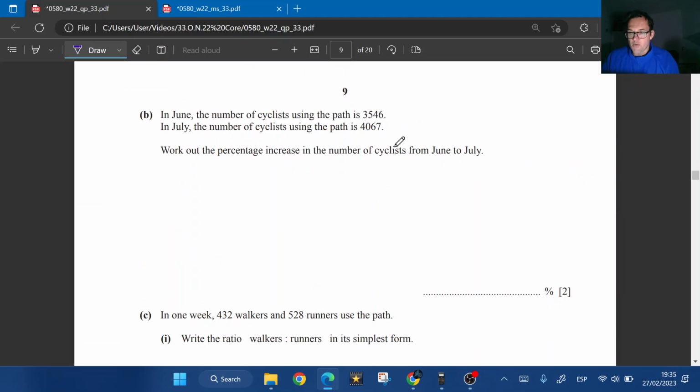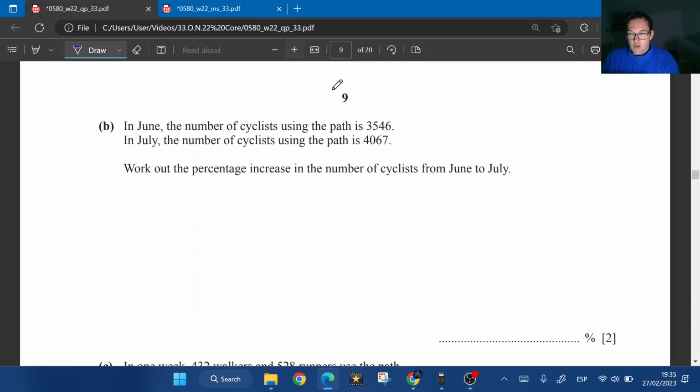In June, the number of cyclists using the path was 3,546. In July, the number of cyclists using the path was 4,067. The weather must be getting nicer. Work out the percentage increase in the number of cyclists from June to July. So first we need to get the actual increase. How many more cyclists is that?